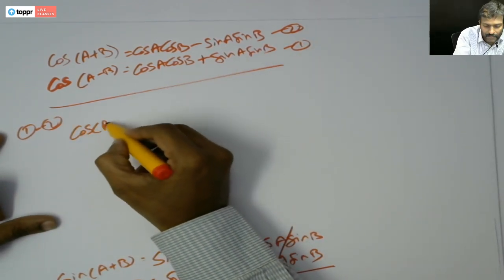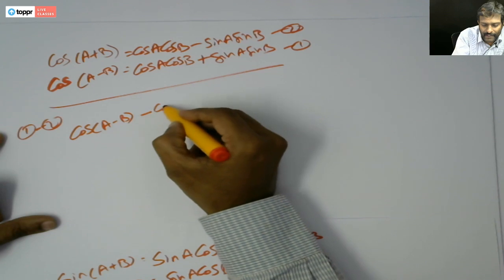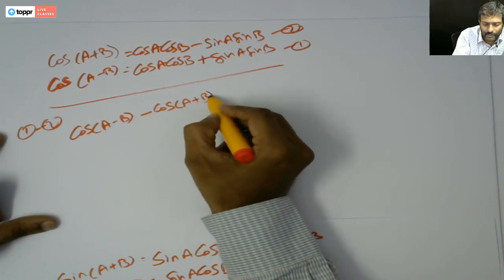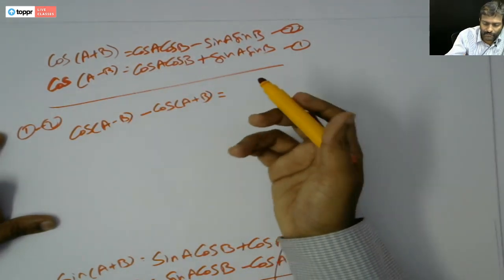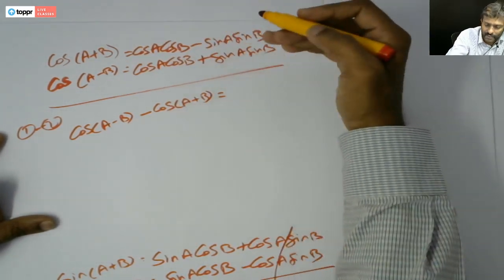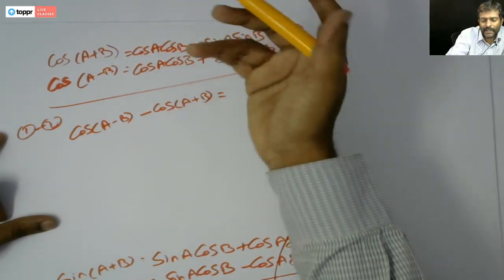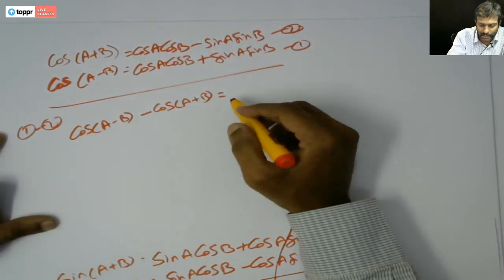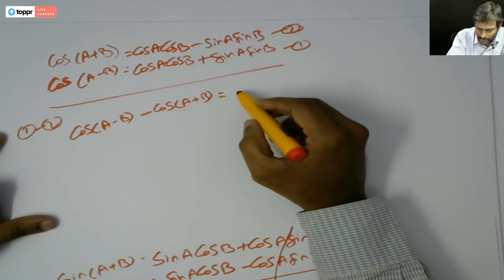Basically cos A minus B minus cos A plus B. Why I am subtracting the second one from the first is, when you subtract, these two get cancelled and these two will become positive. If I subtract the other way, these two will be negative for me, and again I need to take minus common and do that stuff. So I'm doing the other way around, right?